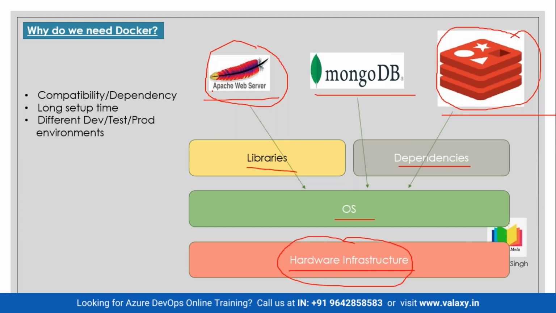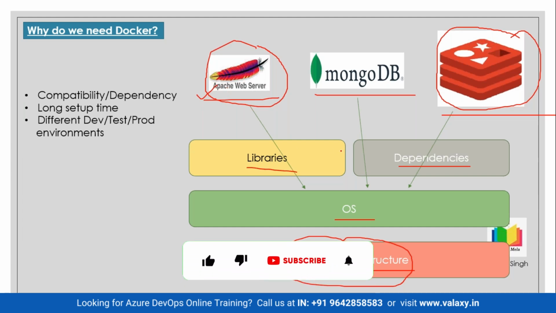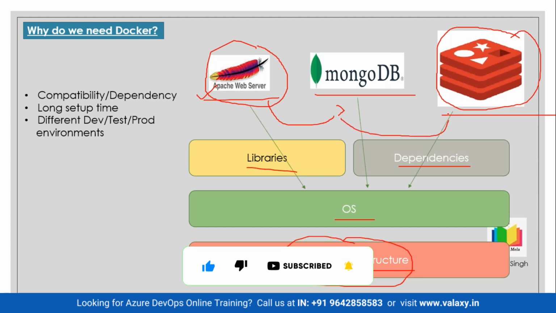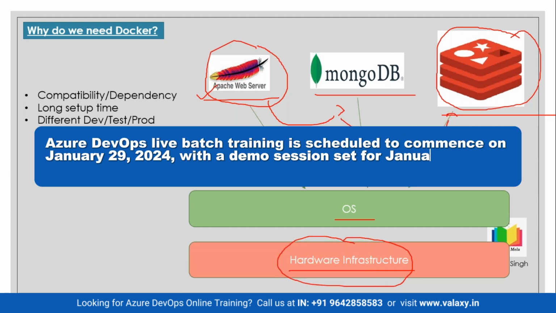You go and upgrade your Apache. Because Apache got upgraded, there is a great chance that your other things are also impacted, because everything is installed on the same machine and there are compatibility and dependency issues. That's the biggest issue we were facing before.